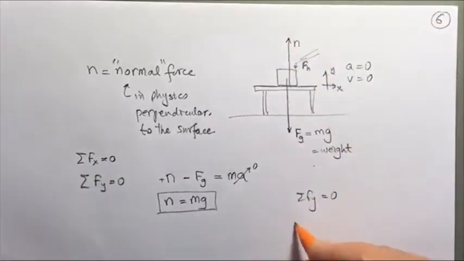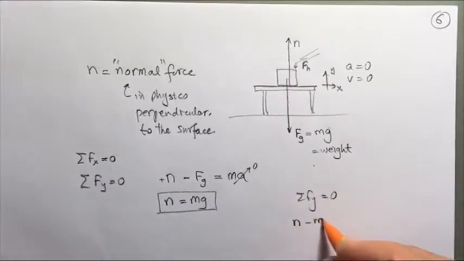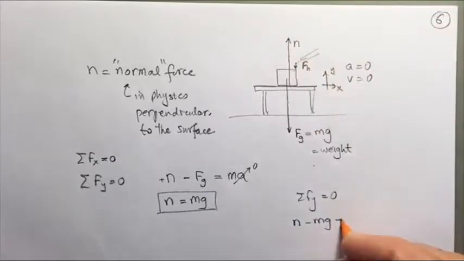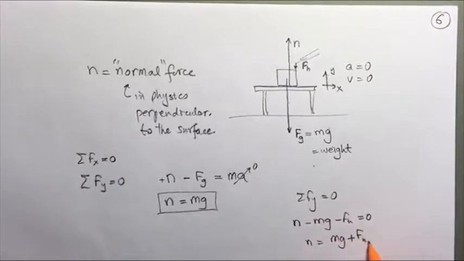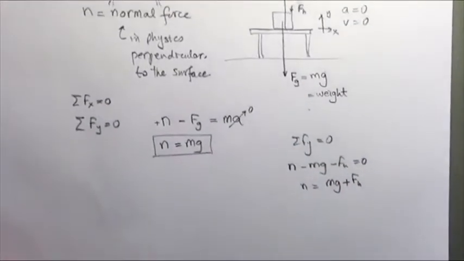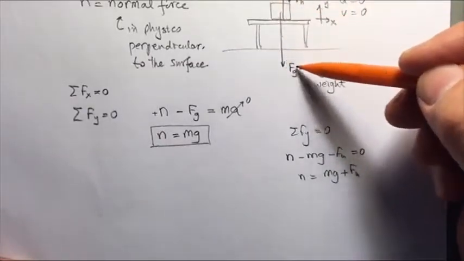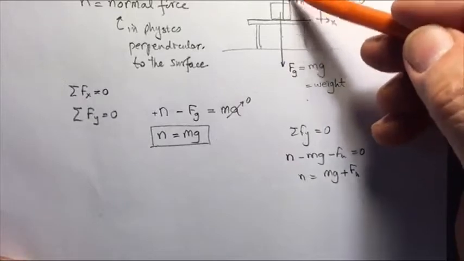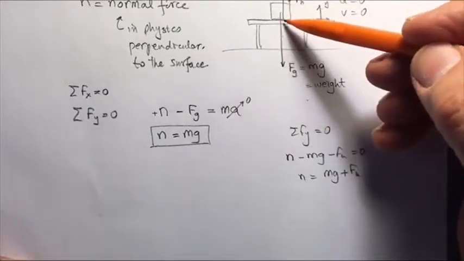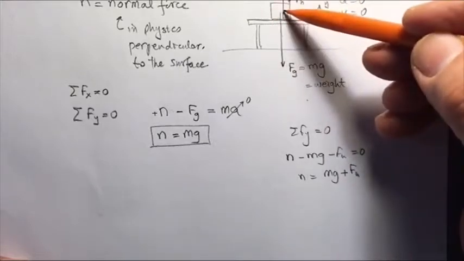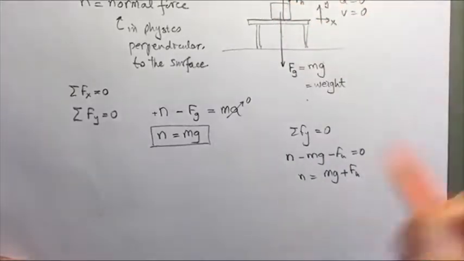We have the normal force upwards, the mg downwards, and also this F_H with the hand pushing downwards, and therefore the normal force is mg plus F_H. And so the table has to push upwards, not only to balance the weight, but also the force being exerted downwards. If the table cannot exert that much force, this thing is going to go through. It's going to break the table.